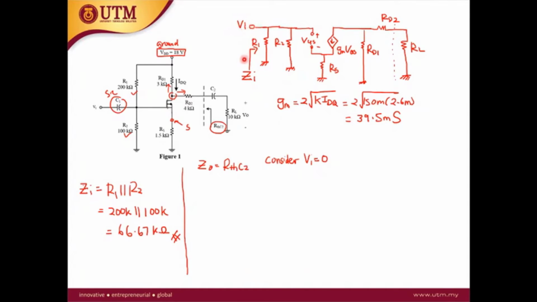Okay, this is Vi equal to 0. So the Vi will be grounded, and then R1 and R2 can be ignored because this is bypass. So the positive plus of VGS will be connected to the ground. Actually, what we do when we analyze the output impedance is we take out the load resistor, and then we apply voltage at the output, and we measure the current output.